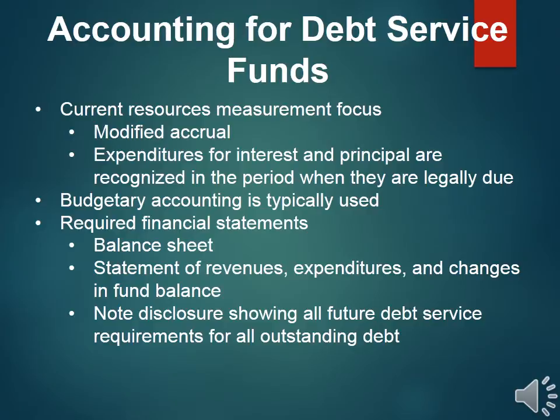Say if payment is due on January 1st, 2011, you don't accrue for the interest due on December 31st, 2010. However, if the interest was due on December 31st, 2010 and it wasn't paid, then you do have to recognize an interest expenditure because you're late. So it's already legally due. Just keep that answer in mind for one of your test questions. That's one that's tripped up people in the past.